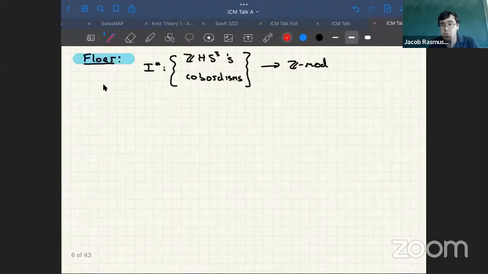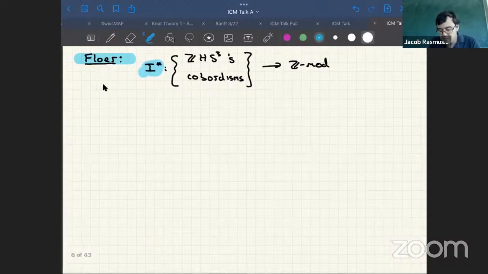So a motivating example for this definition was the original work of Floer back in the 1980s. Floer defined some sort of a functor, which he called I star, from, well, not the whole category of three manifolds, but just integer homology three spheres and cobordisms between them to the category of Z modules.